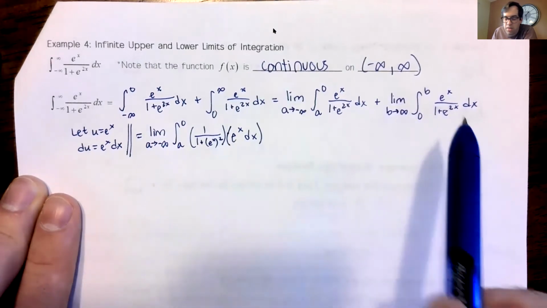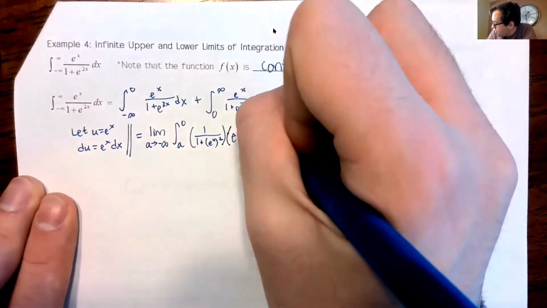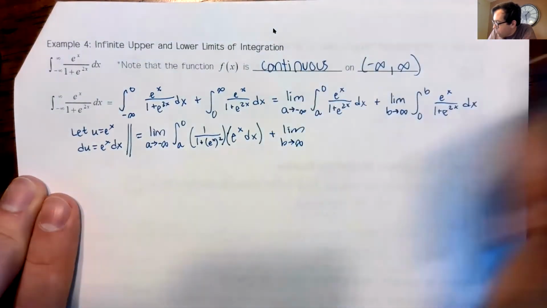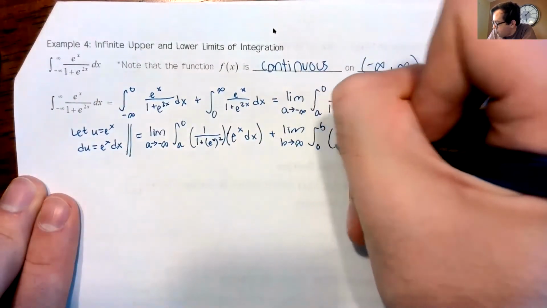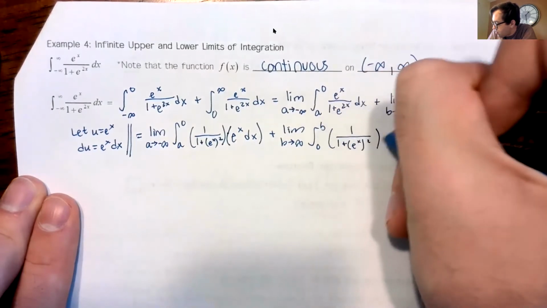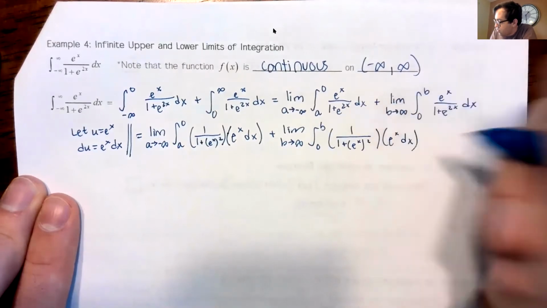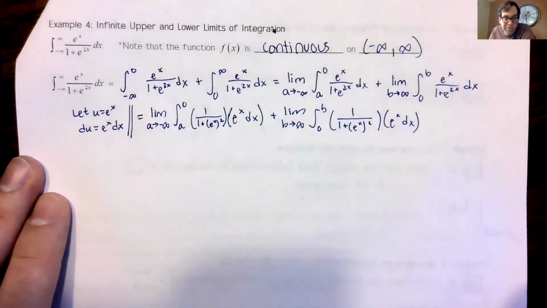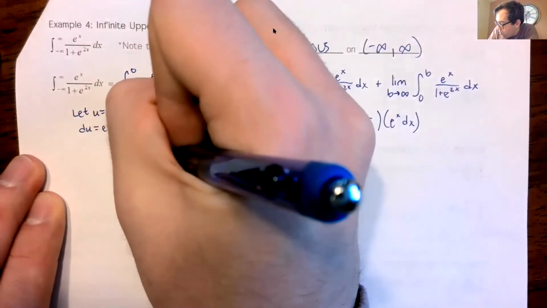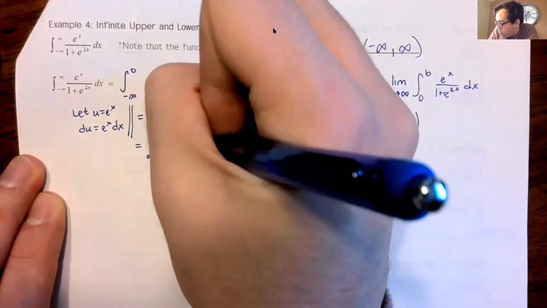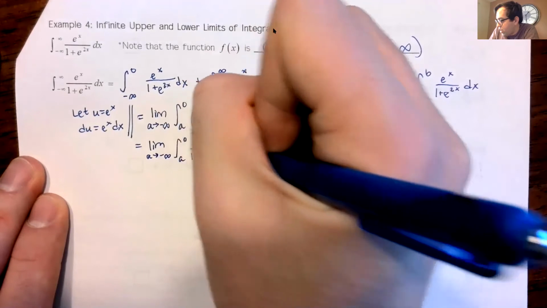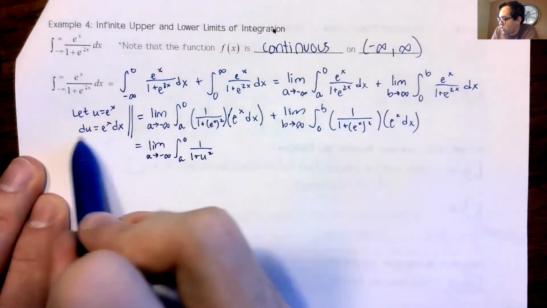I'm going to do that exact same thing for the second integral. Now you can see where this is going, hopefully. Now we are ready for the u substitution. So we're going to have limit as a approaches negative infinity, integral from a to 0, and we'll have 1 over 1 plus u squared, and the e to the x dx just turns into du.